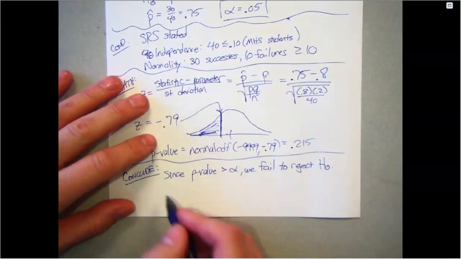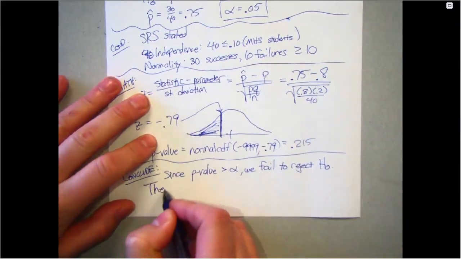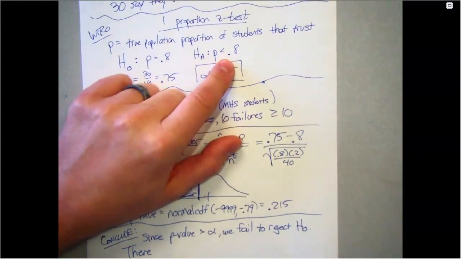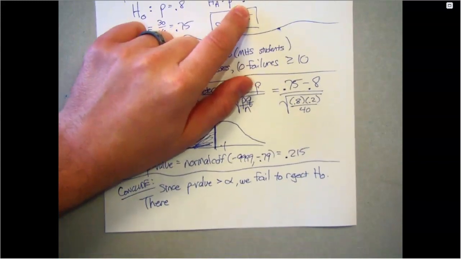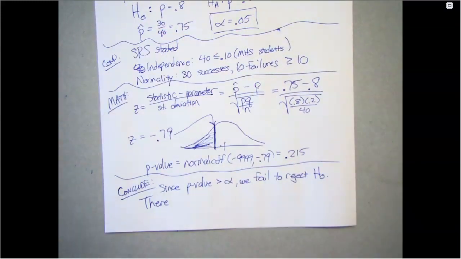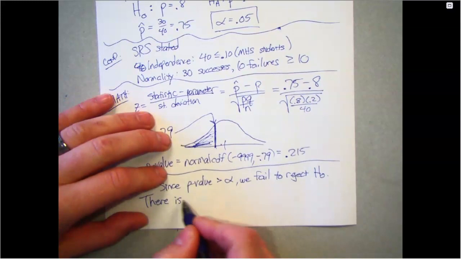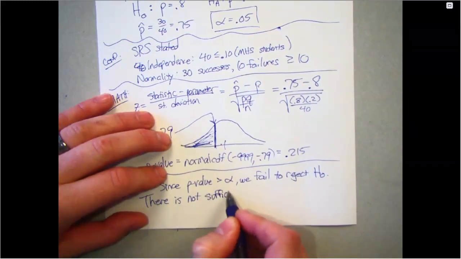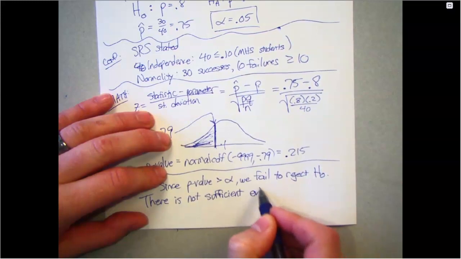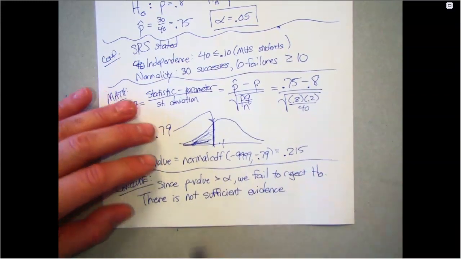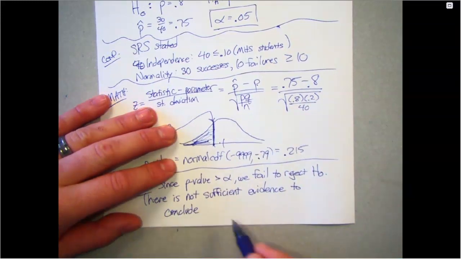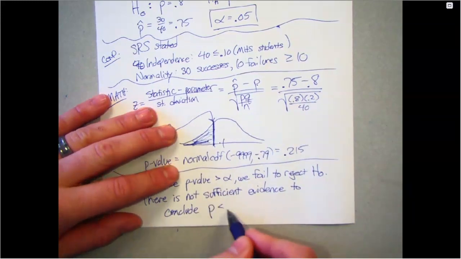Last time I said there is enough evidence to support this alternative idea. Now there is not enough evidence to support that idea, or not convincing evidence to conclude p is less than 0.9.